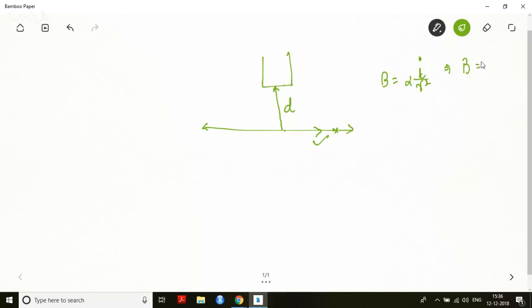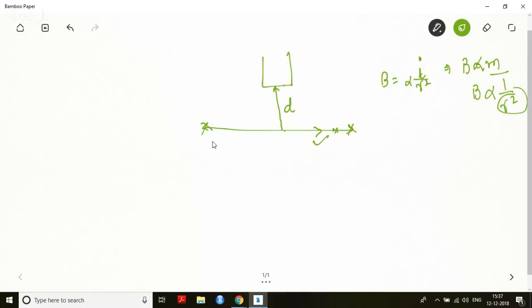If I have a fixed magnet, m does not vary. So if I change this distance, the magnetic field over here will change, and due to the change in magnetic field, across the two sides of this wire, an EMF would be generated.